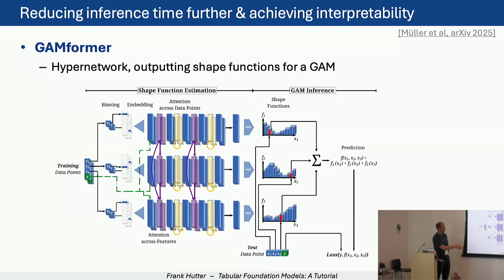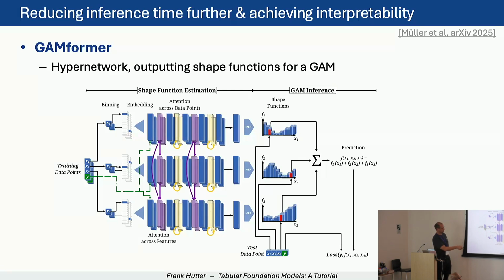And you just look at, well, this x1, what value is that? It's 7. Let's look up the function at 7. Okay, it's this function, a certain value, f1 of this. And then your overall function is just a sum of these little lookups of your predicted shape functions.